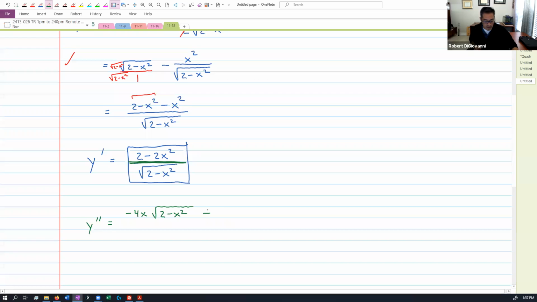which is a square root. So we've already done this. It's kind of ugly. It's 1/2 square roots of 2 minus x squared times -2x. That's the chain rule on the bottom. But all of that's multiplied times the top, which is 2 minus 2x squared.